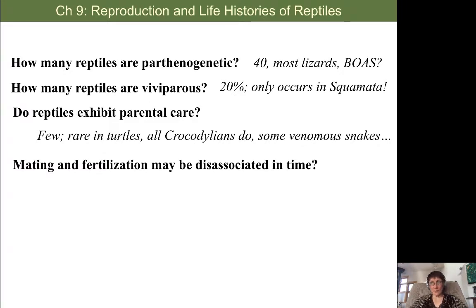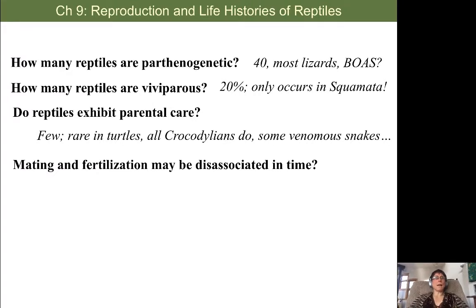So you can go out in the field, bring a female lizard of a variety of species into the lab. She might be there for months before laying any eggs, and then suddenly she will lay eggs that turn out to hatch viable offspring, which might appear strange because you'll wonder where was the male, but it may be because she stored sperm.